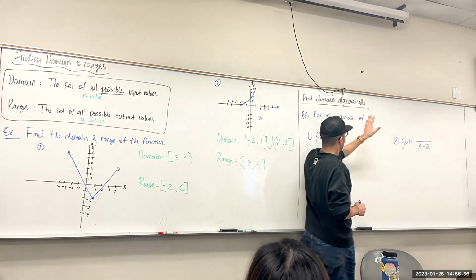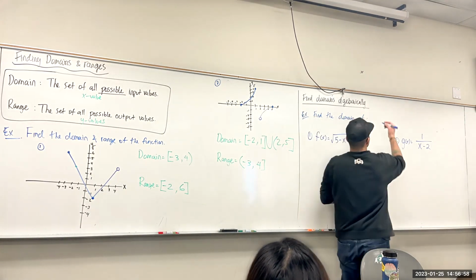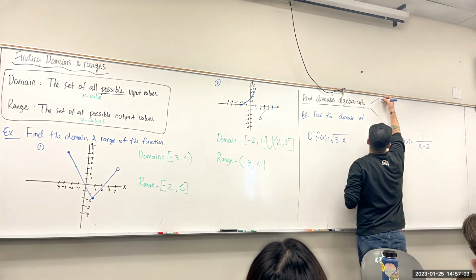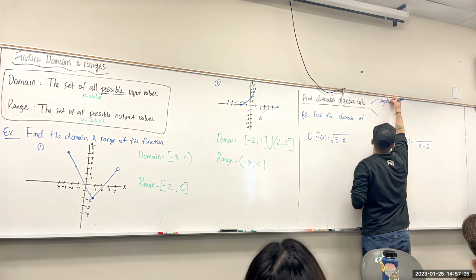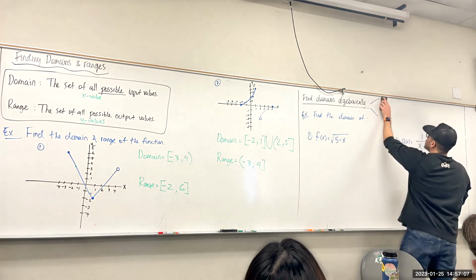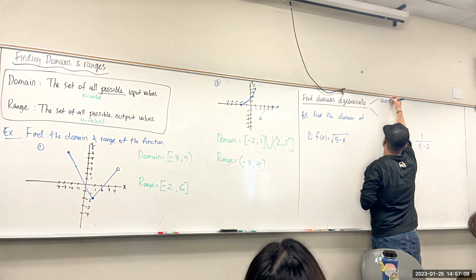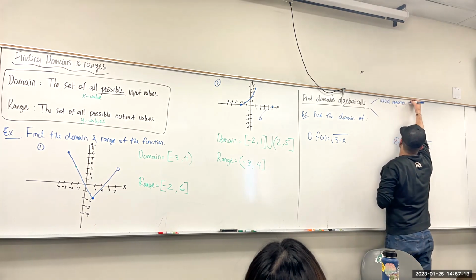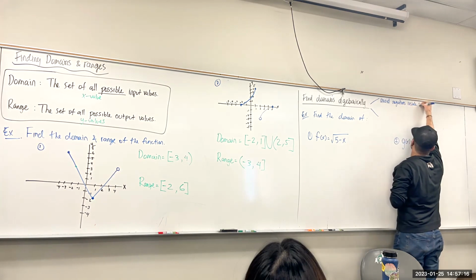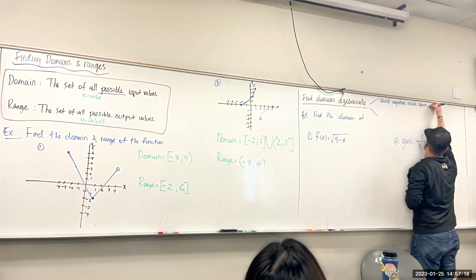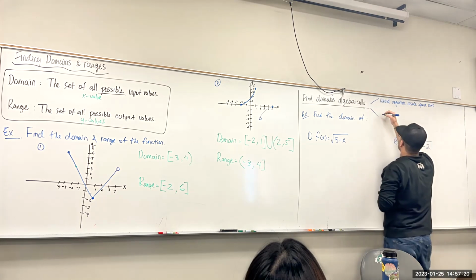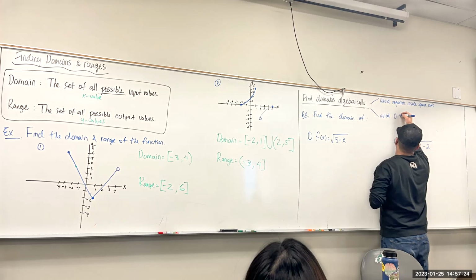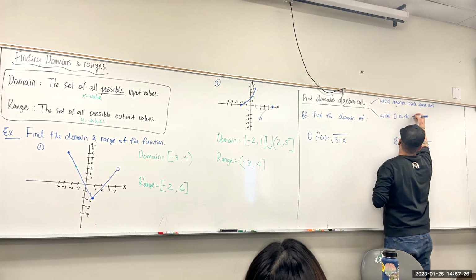When you're dealing with this algebraically, you want to avoid negatives inside square roots and avoid 0 in the denominator.